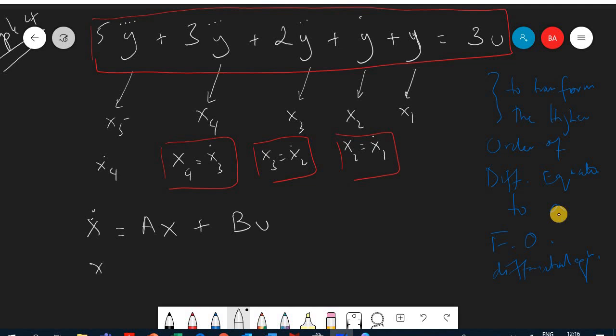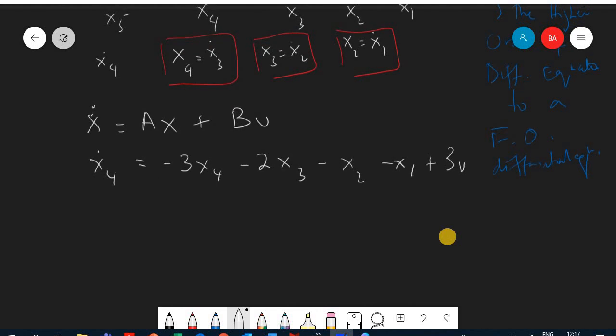So I have x4 dot is equal to, I'm going to take everything to the right hand side to be Ax plus Bu, and I'm going to write them one by one. So this will be minus 3x4 minus 2x3 minus x2 minus x1 plus 3u. That was the first part of the equation.